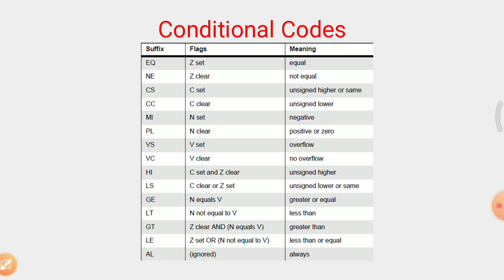So for this, the condition should be the negative flag equals the overflow flag, N equals V. Only then the instruction is going to be executed. So like that we have LT, GT and LE, AL. Whereas AL is always, even if you don't write any AL, the instruction will always be executed.